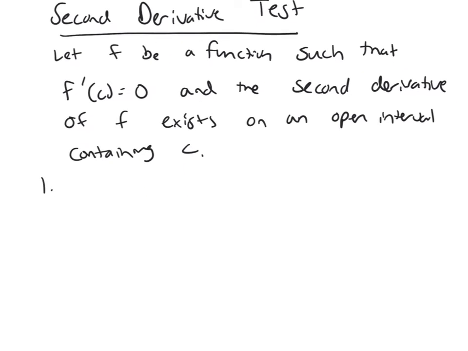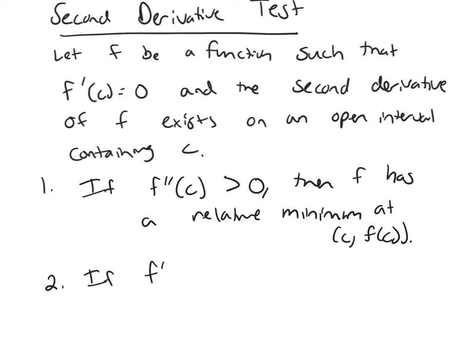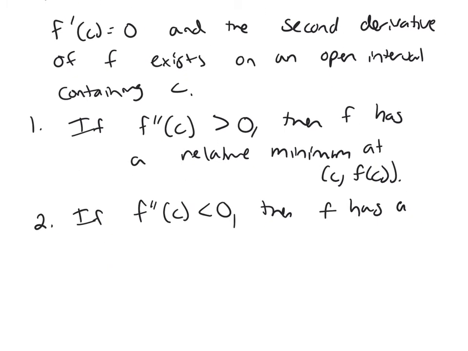Part 1 of the second derivative test tells us if f double prime of c is bigger than 0, then f has a relative minimum at the point c, f of c. 2, if f double prime of c is less than 0, then f has a relative maximum at c, f of c.